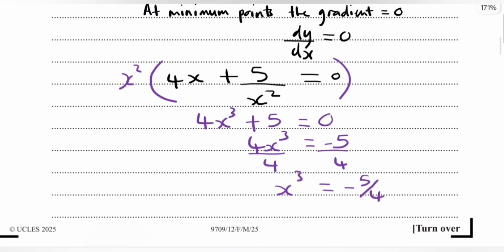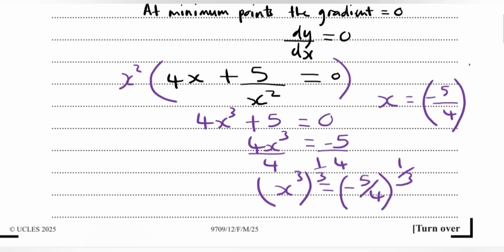And to get x from what we have, we have to raise everything to the power 1 over 3, right? So this will give us x equal to minus 5 over 4 to the power a third.